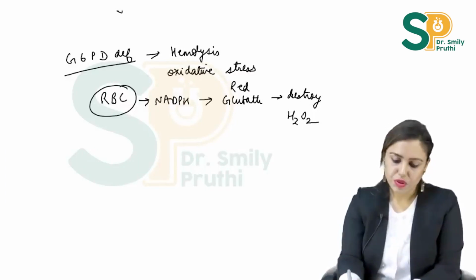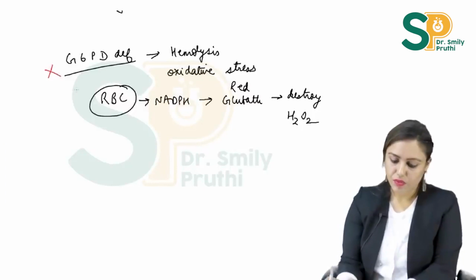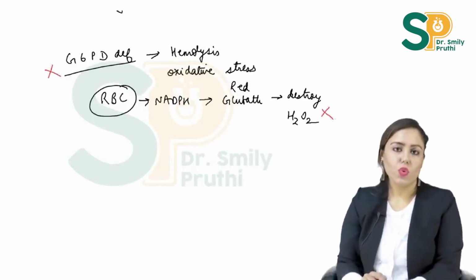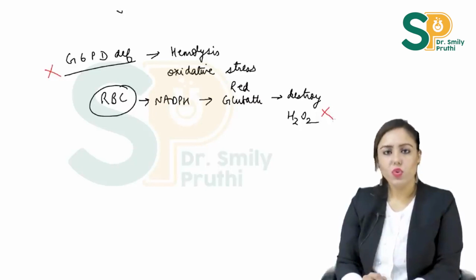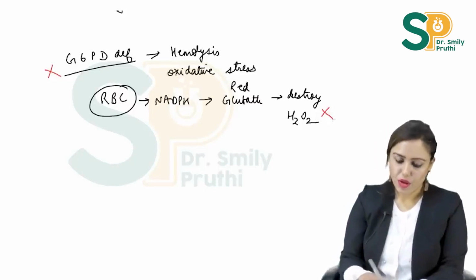But if G6PD is not there, then H2O2 is not destroyed and it will start accumulating in RBCs, leading to damage to the membrane of RBCs, leading to hemolysis, right?